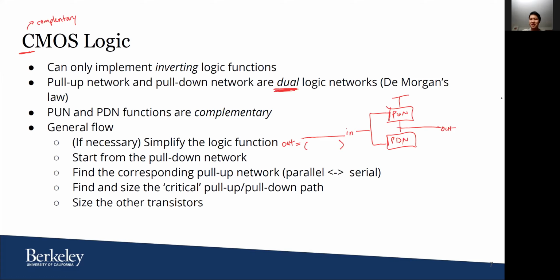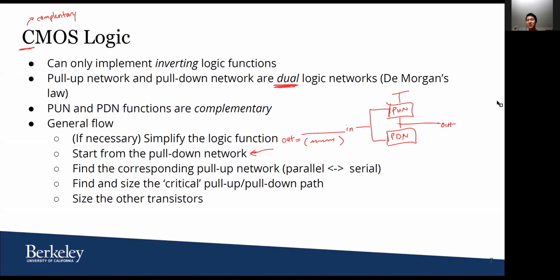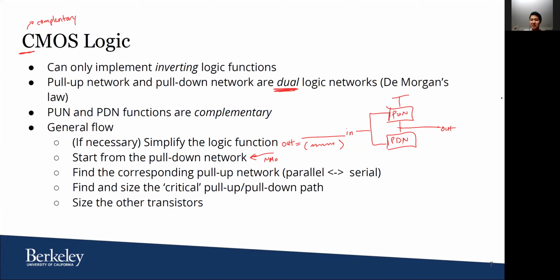The reason we want to do this is because we want to start from the pull-down network. So everything in this expression under the not becomes what you build for the pull-down network. All right. And the pull-down network is all comprised of NMOS transistors.